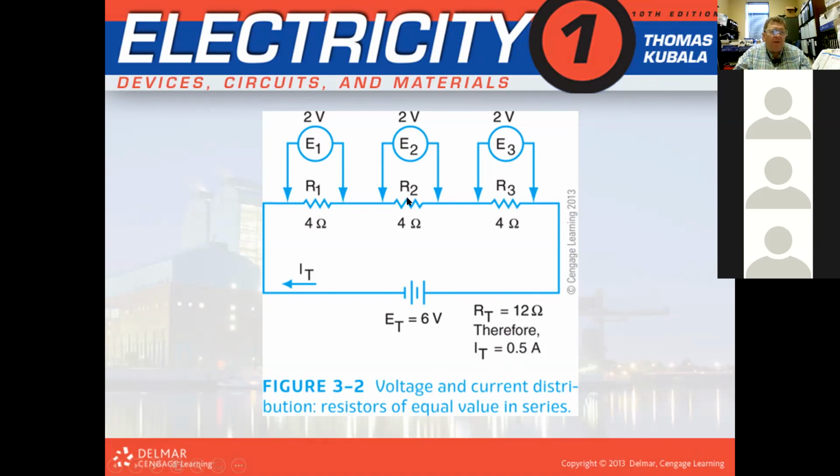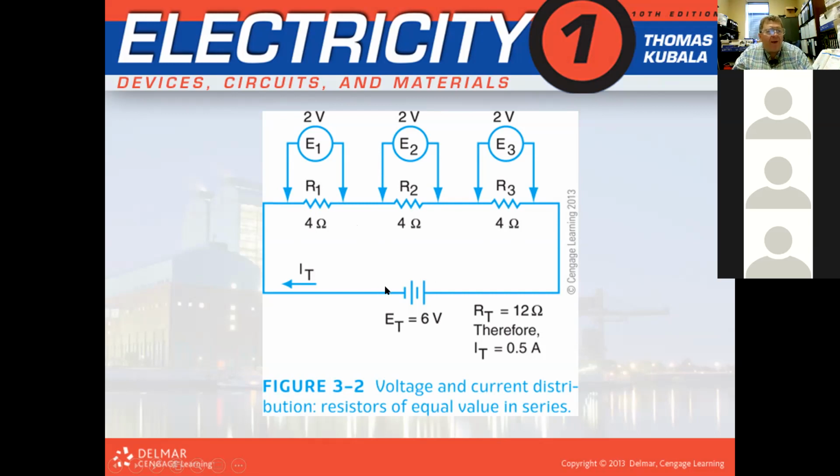Here's what we're talking about. The second characteristic of series is that the resistances add up to give you the R total, okay? And the third characteristic is that the current, the amps that go through the circuit, is the same for every resistor or heater element or bulb that you have in series.